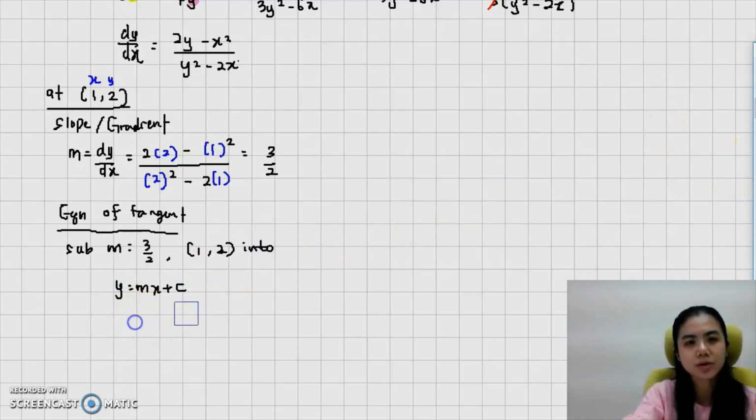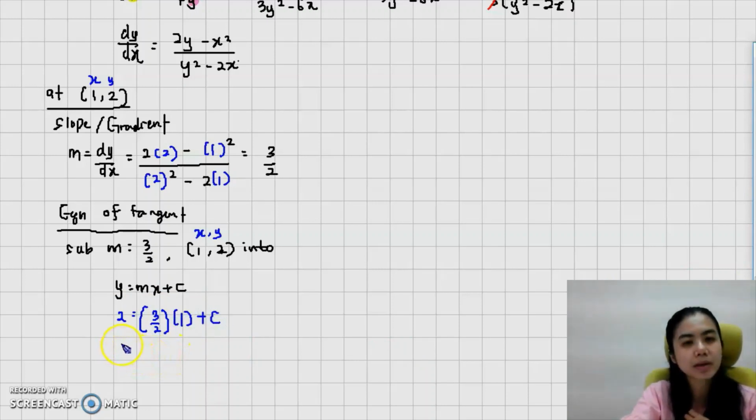This is your x value, this is your y value. So your y is 2, your m is 3 over 2, your x is 1, plus c. Rearrange it, and you obtain your c as 1 over 2.